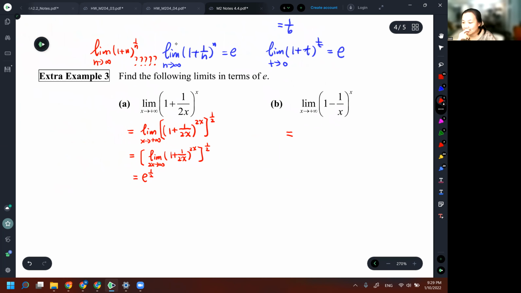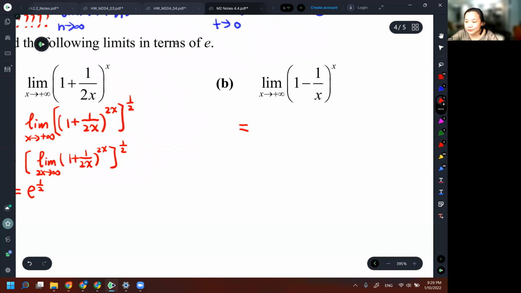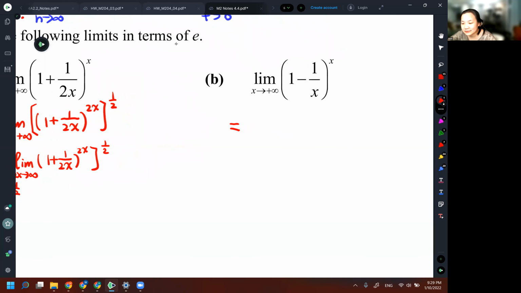This is not easy though. How do I know this one? This is not easy, girls. I must tell you, this is not easy.